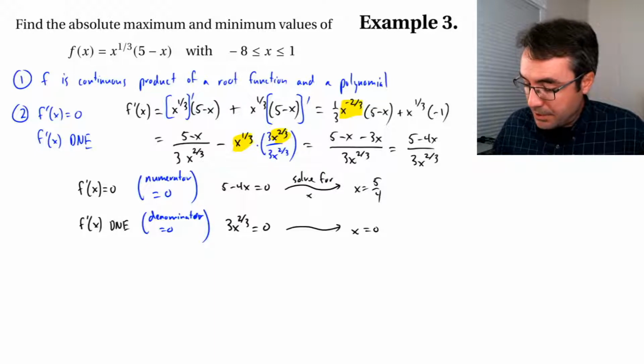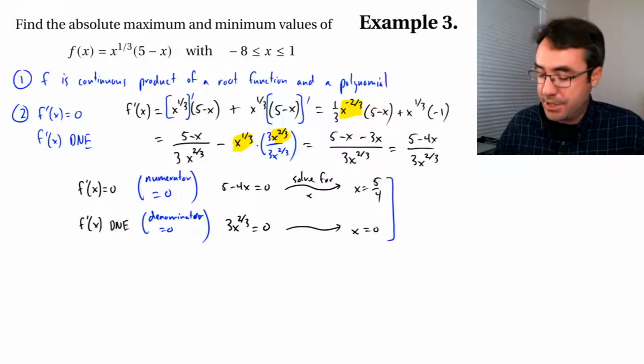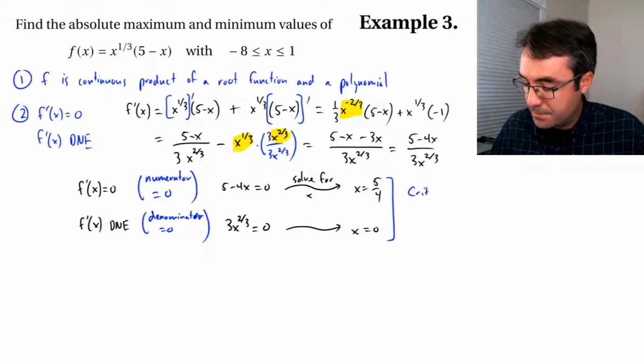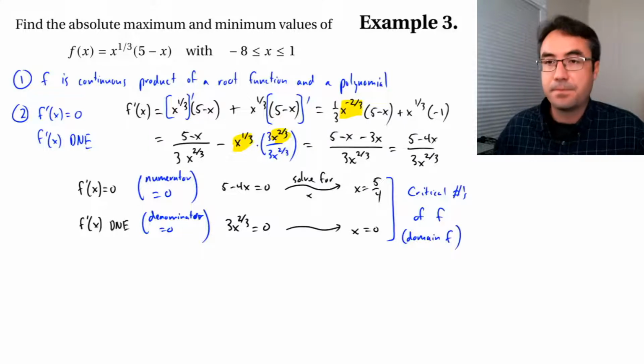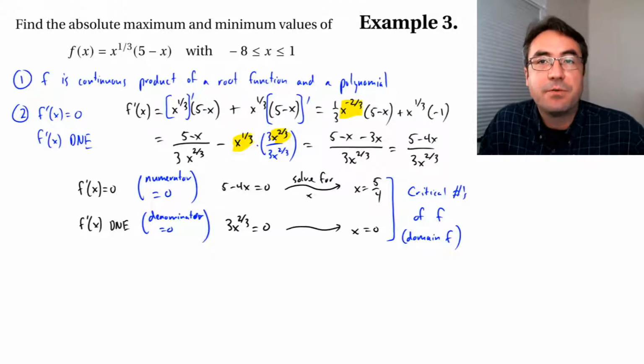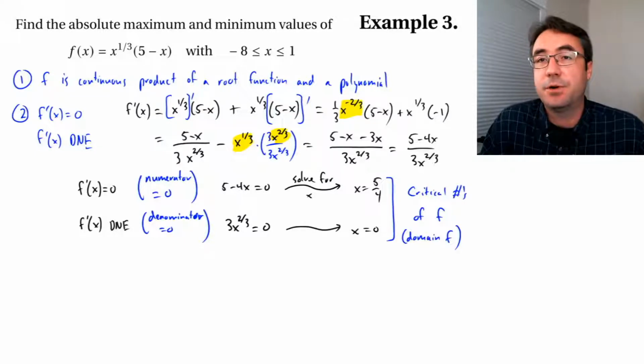And so we just want to check these are the critical numbers of our function f, and that they're in the domain of our function f. So we could plug 5 over 4 into the original function. Makes sense. We don't get any division by 0 or negatives under square roots or anything like that.